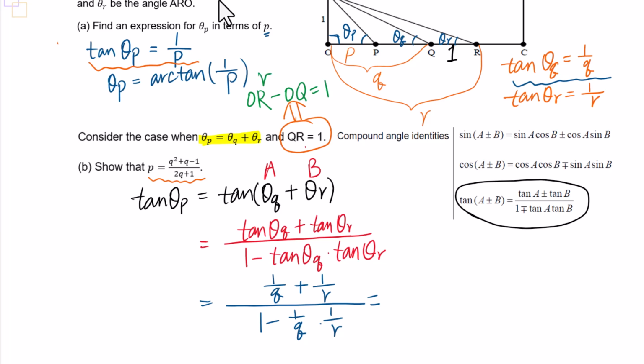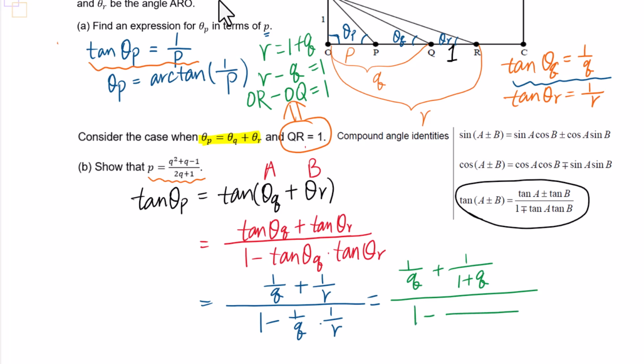OR is R minus OQ is Q equals 1. Then R equals 1 plus Q. We plug in 1 over Q plus 1 over 1 plus Q, over 1 minus 1 over Q times 1 plus Q.